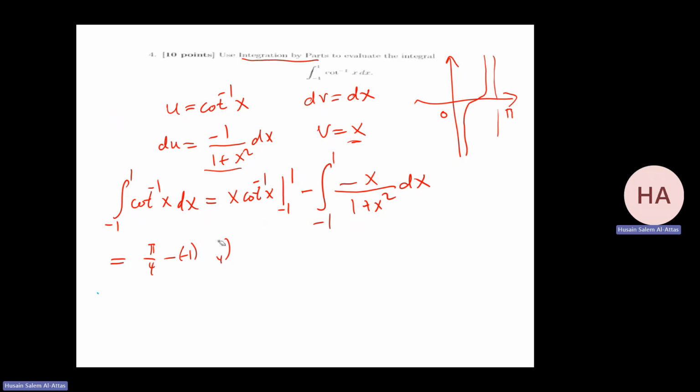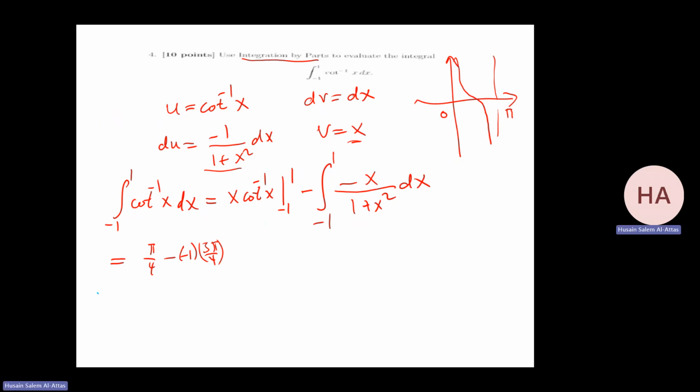So this is cotan inverse of minus 1. Yeah, it's 3 pi over 4. Is it? Yeah. Cotan is the other way, sorry. It will be like this. The cotan inverse of minus 1 is 3 pi over 4.